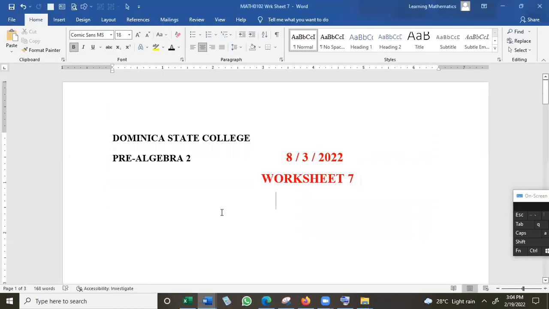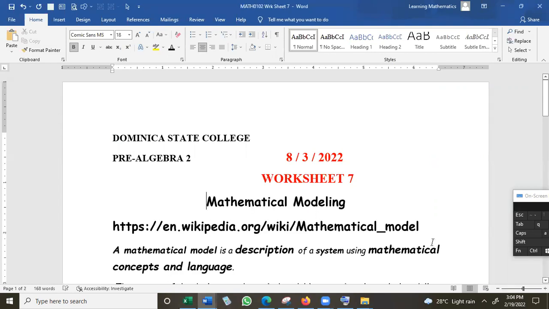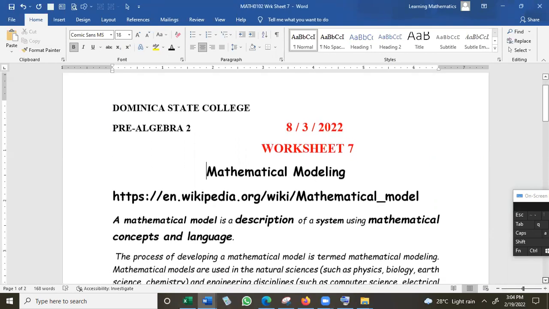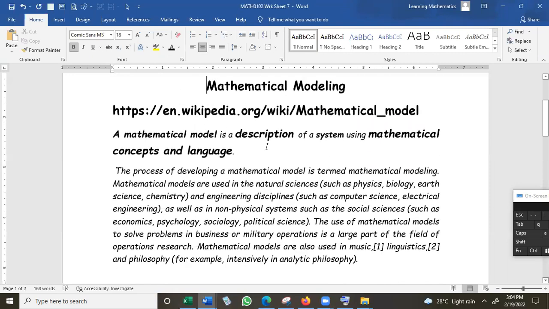In worksheet 7, mathematical modeling will be discussed, taken from this Wikipedia extract from the internet. Here it is. It's not my definition. It was taken from the internet. It says a mathematical model is a description of a system using mathematical concepts and language.